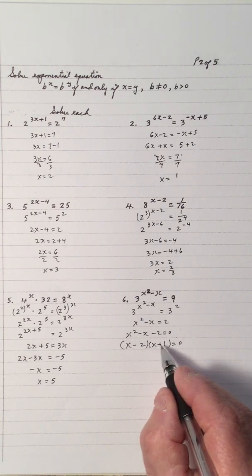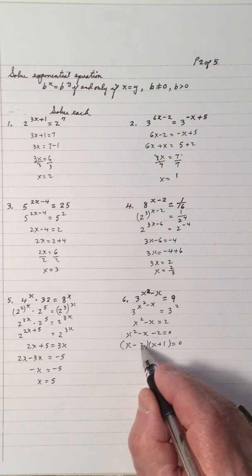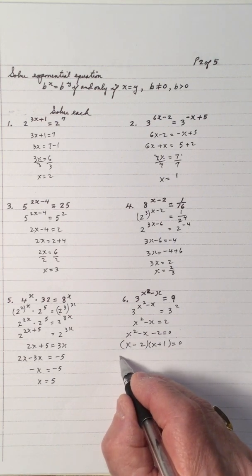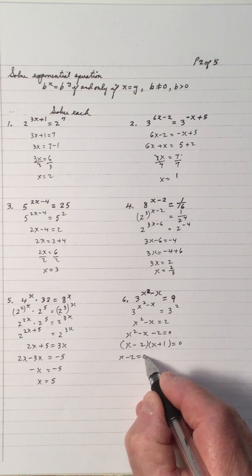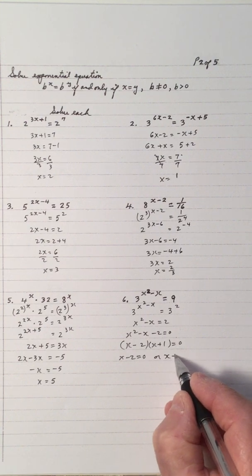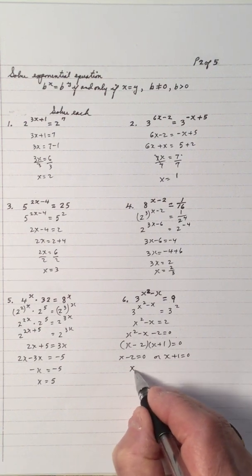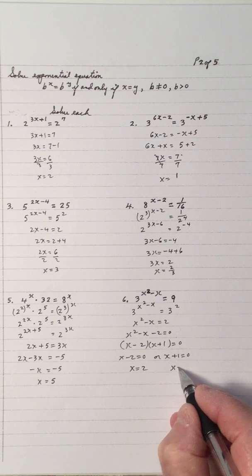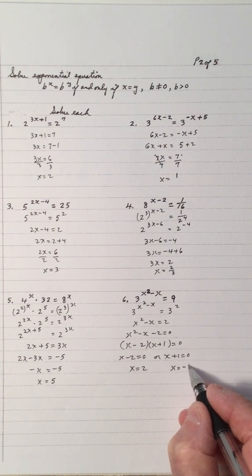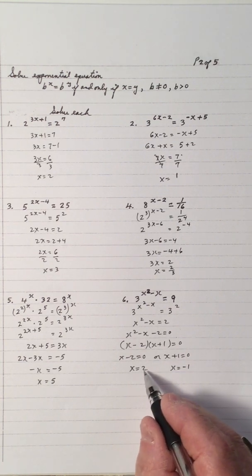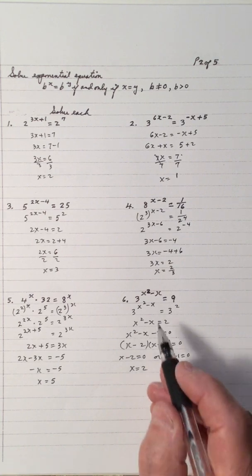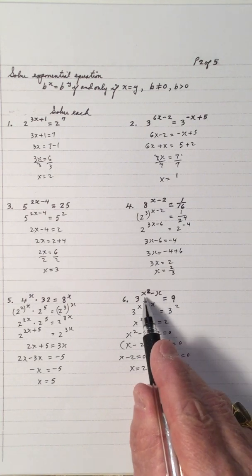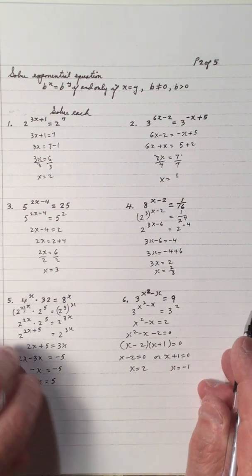Negative 2 times 1 is negative 2, add negative 1. So that means that x minus 2 equals 0, or x plus 1 equals 0. x is equal to 2, or x is equal to negative 1. So there's two answers, 2 and negative 1. Again, substitute each of these answers in one at a time, and you will get the 9.